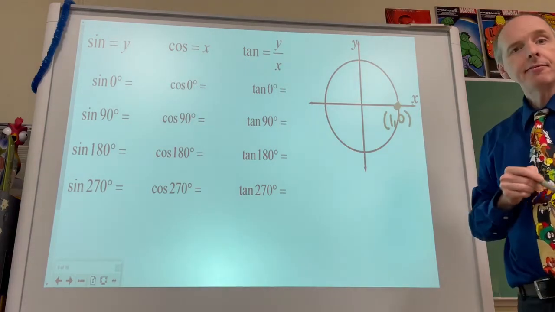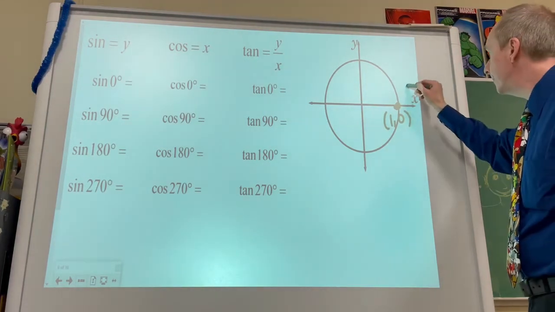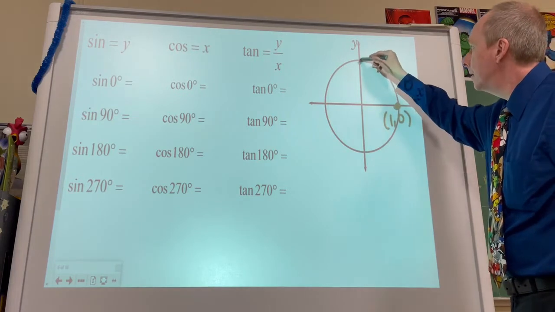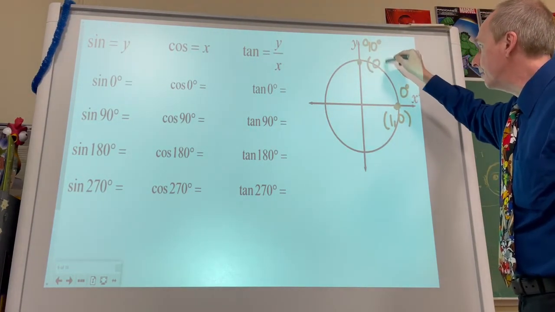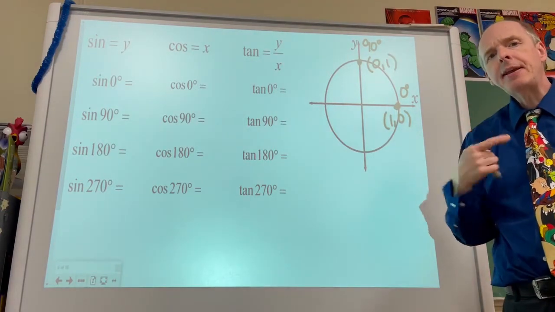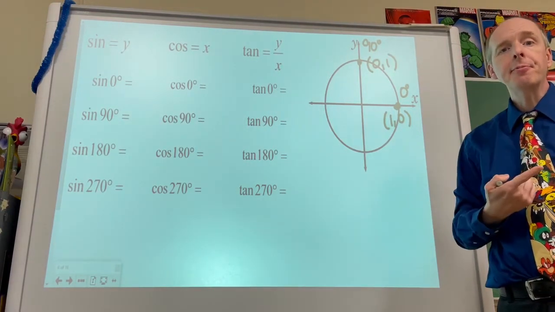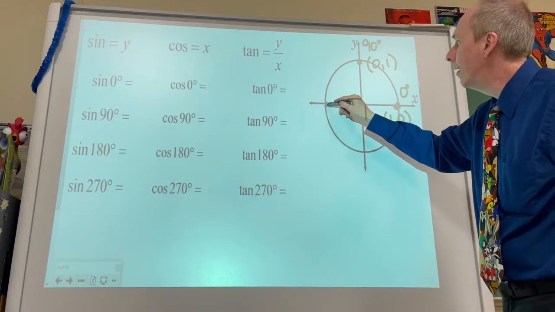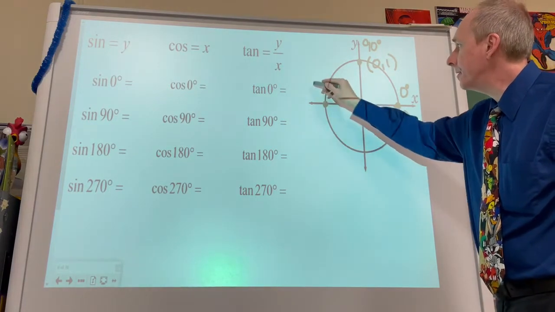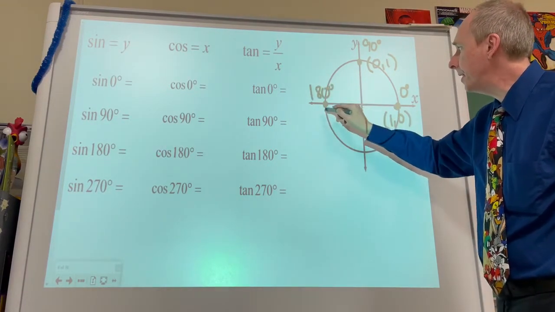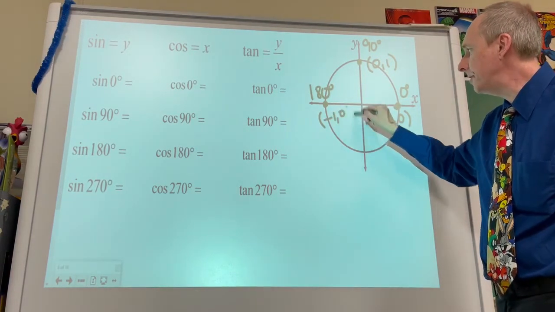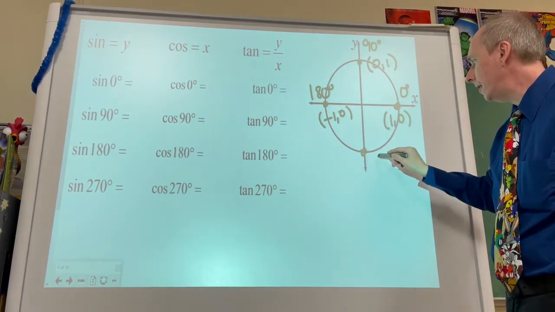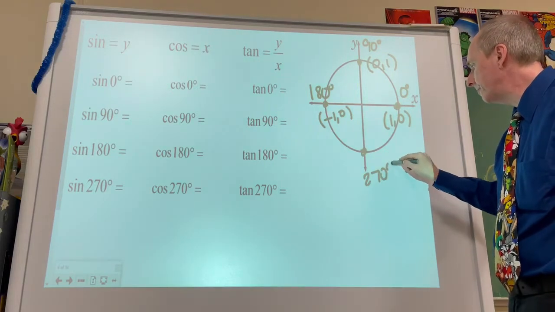And think of how many degrees that is. 0 degrees. This up here at 90 degrees is (0, 1). Notice I keep repeating these because they must be super duper important. Over here, how many degrees? Yep, 180 degrees. And my point would be (-1, 0). Down here at 270 degrees, what's my point?